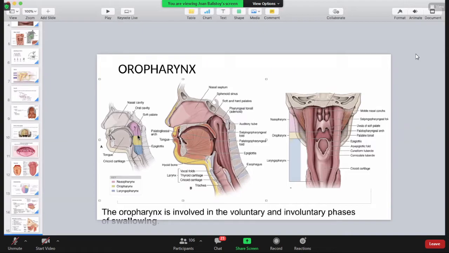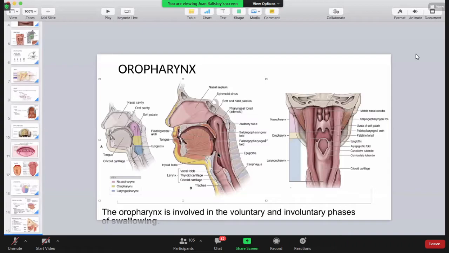Okay? Now, in this area, you will find the Waldeyer's ring. Important for you to know the Waldeyer's ring. What is the Waldeyer's ring? It is a ring of lymphoid tissue in the naso and oropharynx formed by the paired palatine tonsils, the adenoid tonsils, and the lingual tonsils.